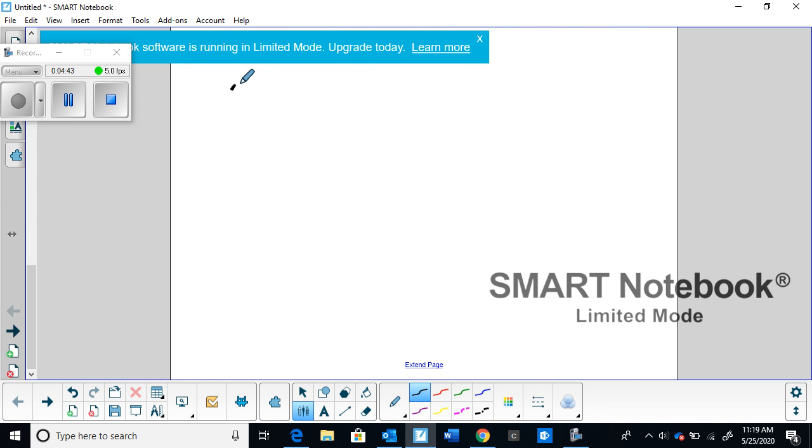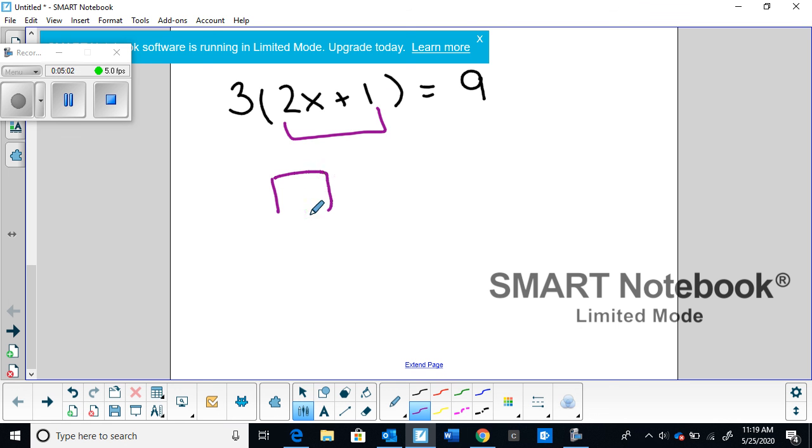if I have 3 times 2X plus 1 equals 9, okay? Then again, what I do, I draw this part on the inside of the bracket first. So I've got 2 x's plus 1 equals positive 9.